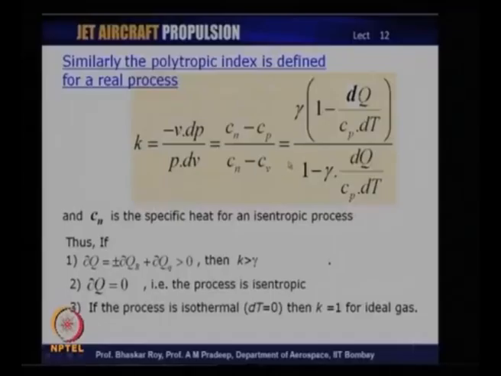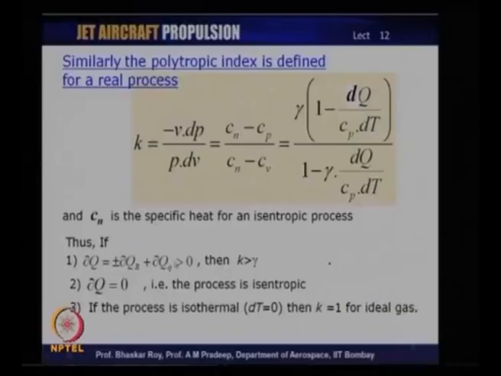From the earlier equations one can derive that this is equal to gamma multiplied by 1 minus dq by Cp dT, and the whole thing divided by 1 minus gamma into dq by Cp dT. So, that is in a nutshell the fundamental definition or concept of polytropic index, similar to the isentropic index gamma, which is used in cycle analysis, especially in ideal cycle analysis.